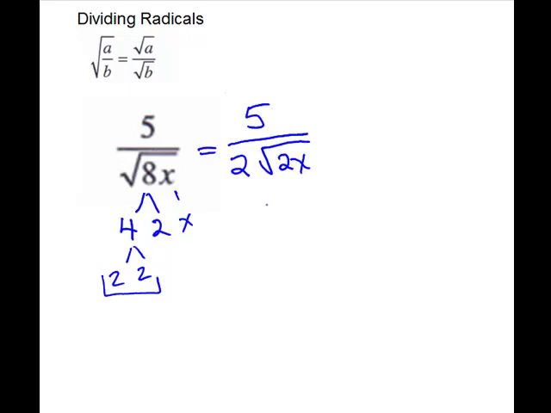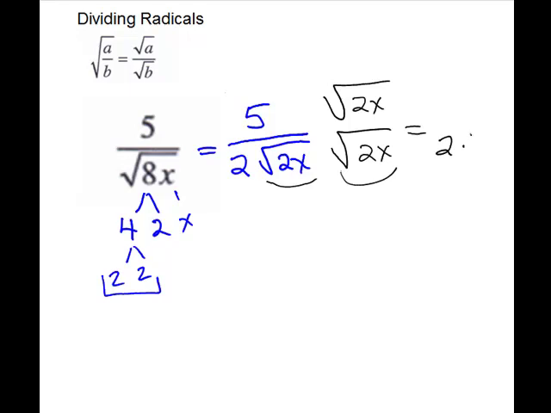And now we have to get rid of this radical under the denominator. So we will need to multiply by the square root of 2x. Do the same to the numerator. Right. Square root of 2x times square root of 2x, we'll take that radical off. You already have a 2 sitting there.